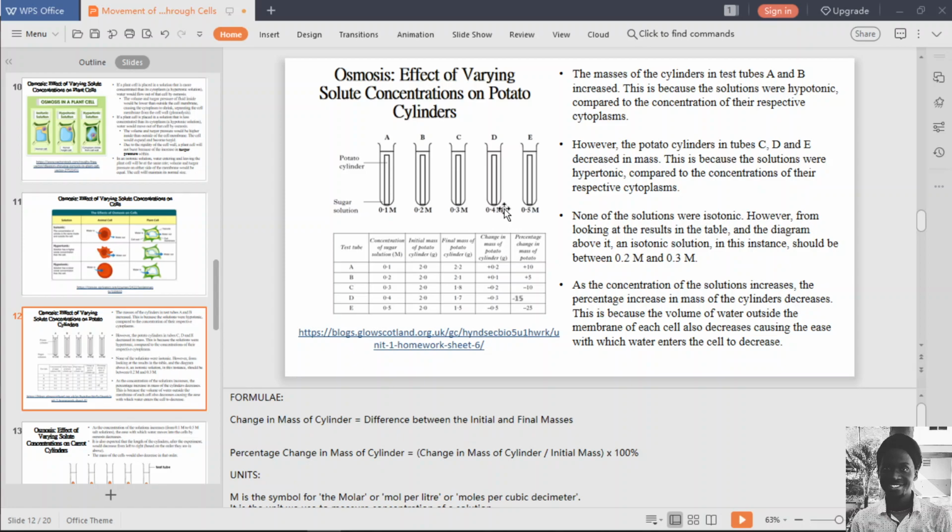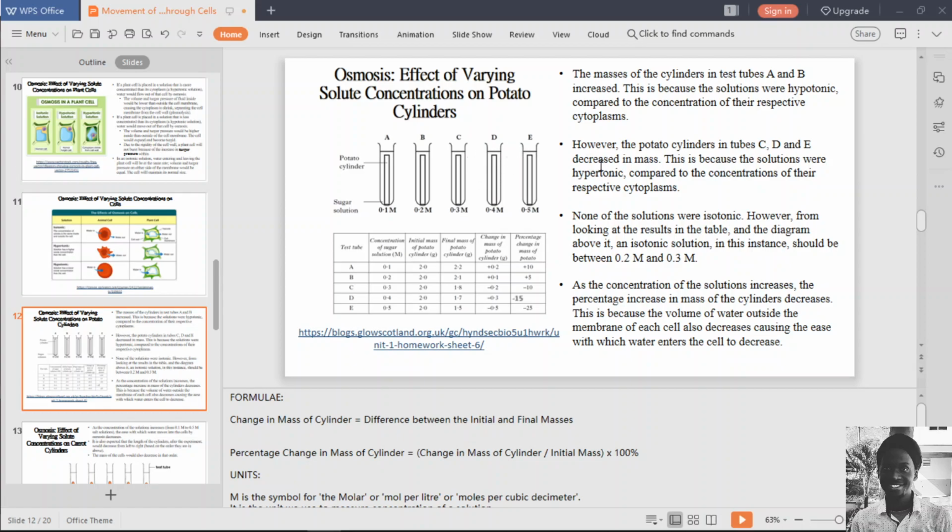So water would move from where you have less solid or more water to where you have less water and more solid. So water moves from inside the cells of the potato cylinders to outside. Remember, the water inside the cells contributed to the initial mass. So if water leaves the cells, they are losing mass, and that type of mass is wet mass.